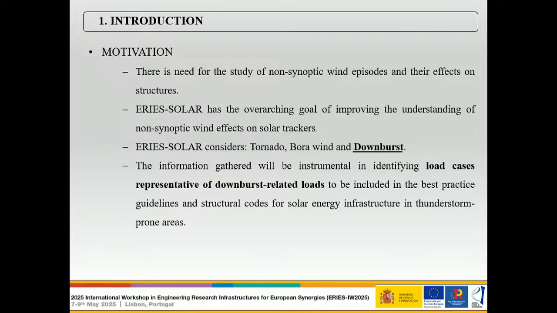So the motivation for this project, I think that we all agree that nowadays the non-synoptic wind actions is the frontier in knowledge that we have to address. And ERIES Solar aims to address that frontier, mainly focusing on the effect on solar trackers or solar panels.